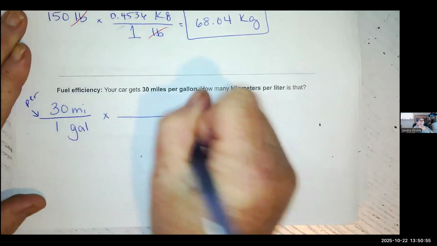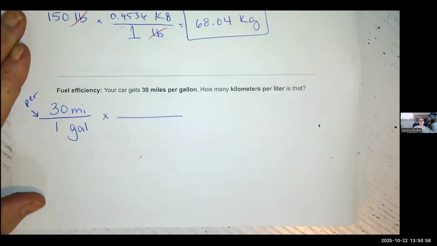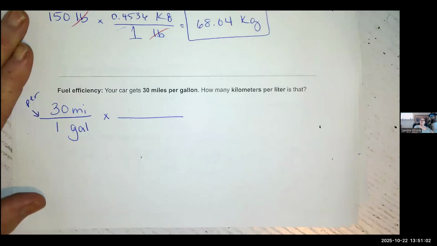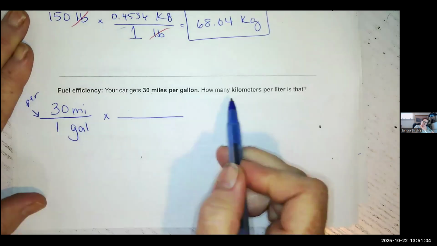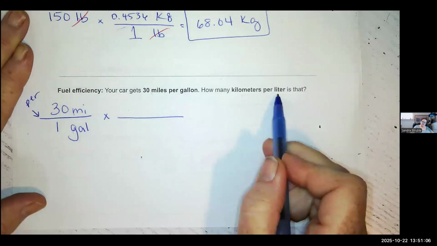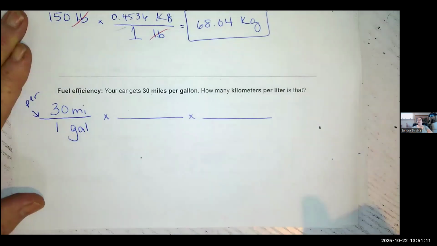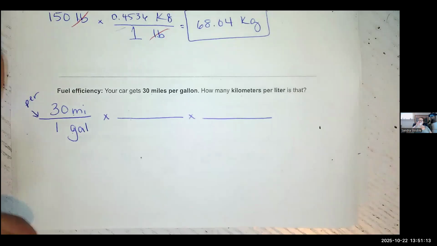Okay, we're going to have to do 2 conversions here. We've got to convert the miles to the kilometers and the gallons to the liters. So we've got to do 2 conversions. No matter whether or not we have a direct line or not, you have to do at least 2.